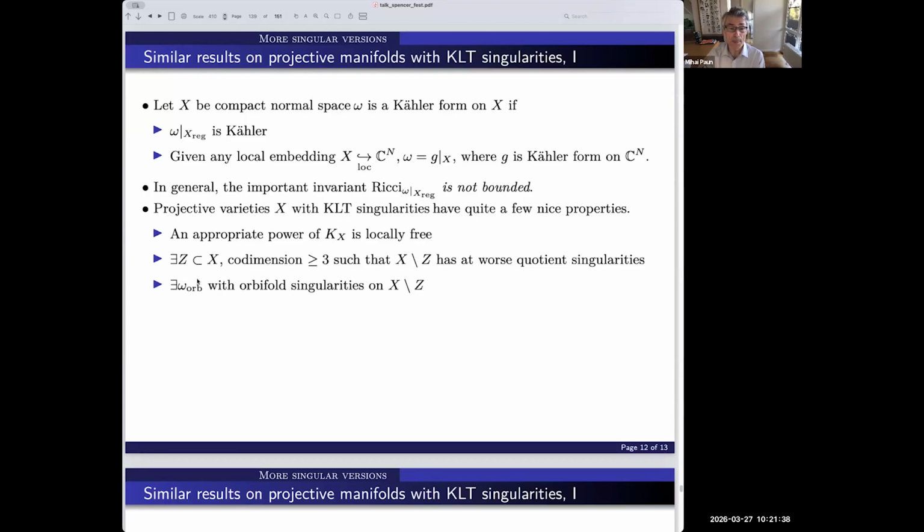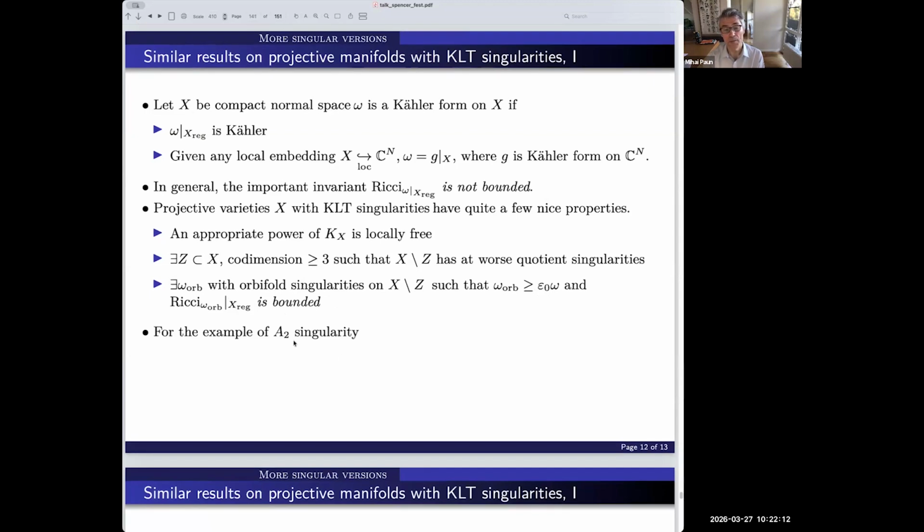So that is to say, via the local uniformization, this omega orb is quasi-isometric, so it looks like the Euclidean metric. This metric is also strictly positive, bigger than some multiple of a Kähler metric in this sense. And what is even nicer is that the Ricci curvature is bounded, two-sided actually.